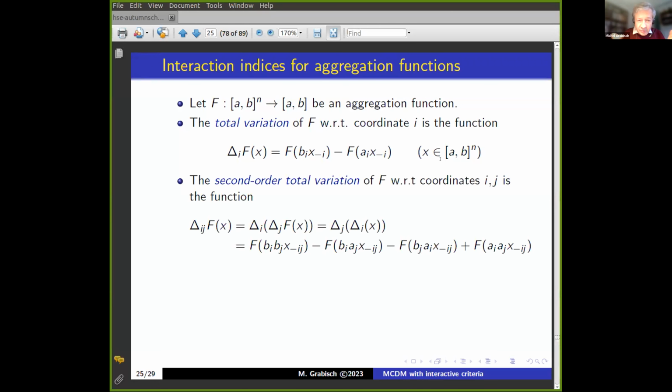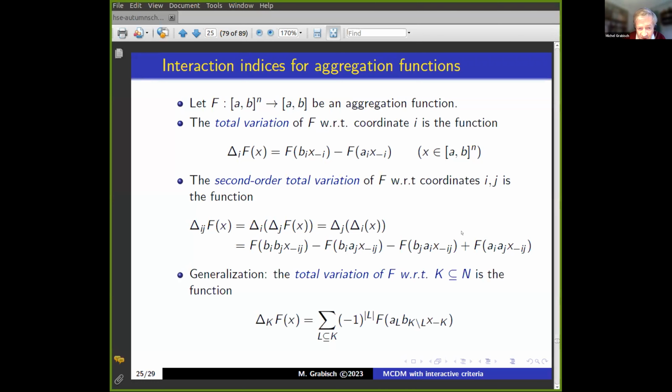So now you can generalize this. You take two coordinates i and j, and you compute the total variation of the total variation, and you will find this formula. And you can continue, take any subset of coordinates or attributes, and you define the total variation of f with respect to the subset of attributes at a given point x.